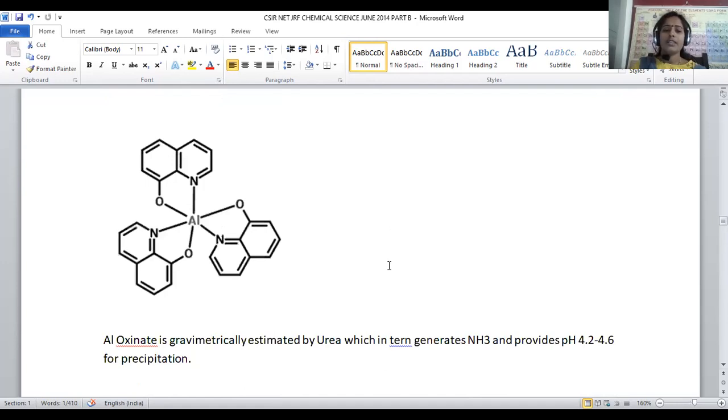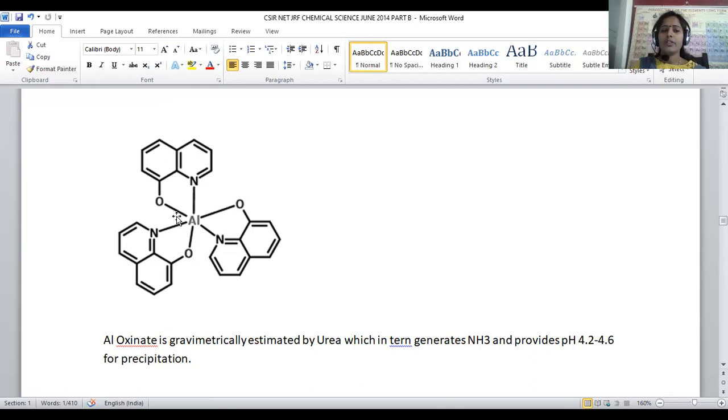When we go with aluminium oxinate, this is a compound where we have this ring. Benzo-condensed pyridine is called quinoline. Three quinoline units are there, and one more hydroxy group is also present at this position, that will be bonded with aluminium.